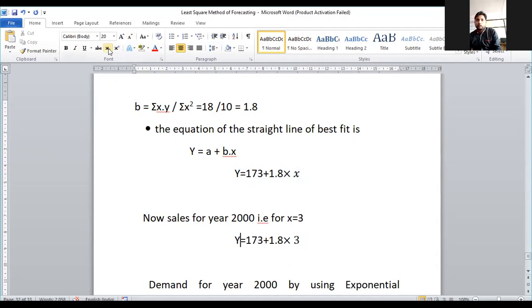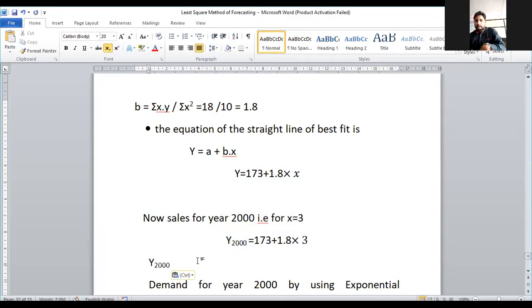So I will say y suffix 2000. Okay, so that is nothing but the demand for year 2000. Okay, it is 178.4, right? 178.4.